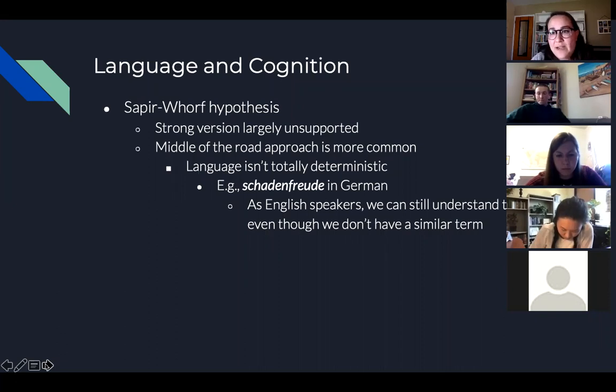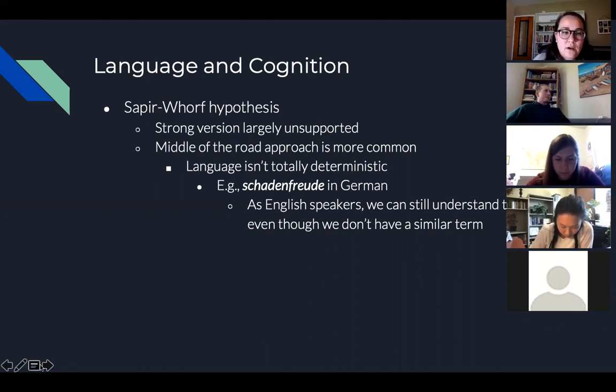I can think back to times where I was really happy that somebody lost, or that somebody I'm annoyed by embarrassed themselves. I can still understand the underlying concept, even though I don't have the same label for it. So just because there isn't this same concept in the English language doesn't mean that my thinking about it is restricted.